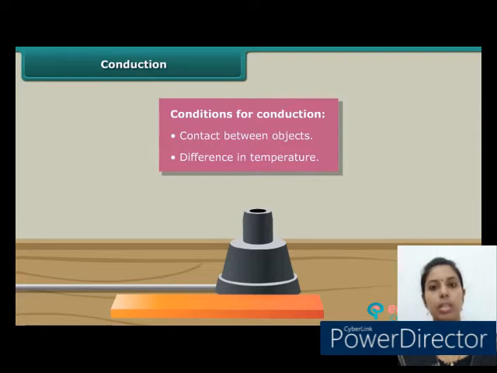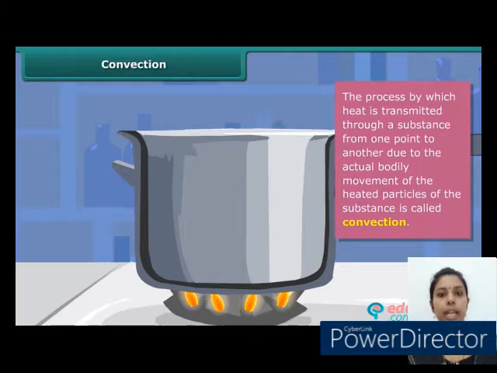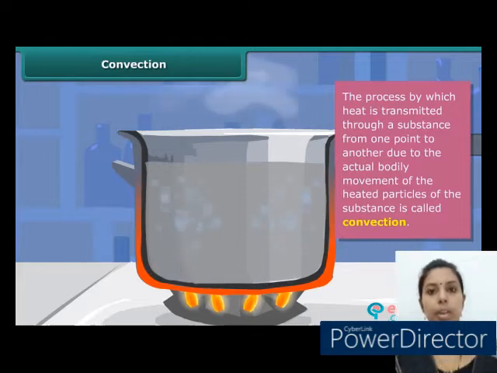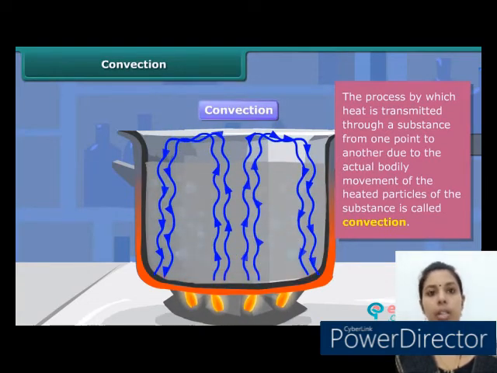The process by which heat is transmitted through a substance from one point to another due to the actual bodily movement of the heated particles of the substance is called convection. Convection of heat takes place in fluids, that is liquids and gases, and involves the movement of matter from hot regions to cooler regions.